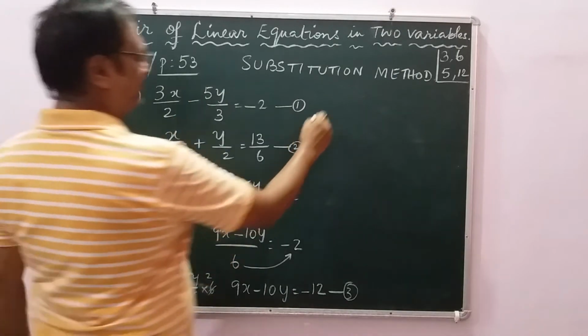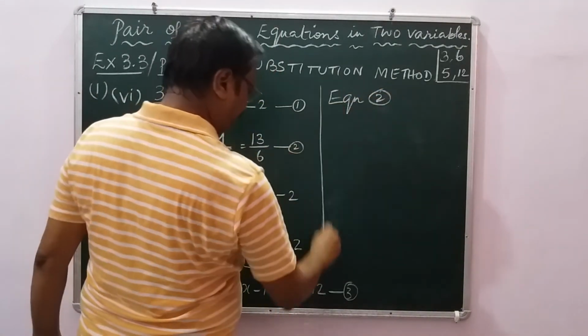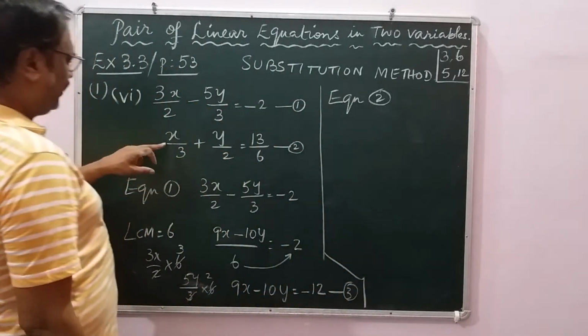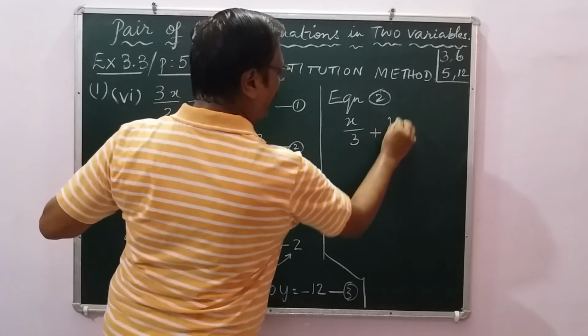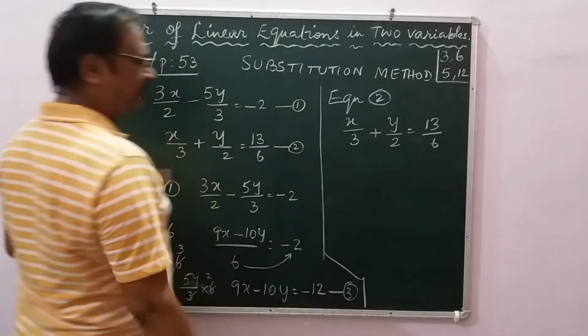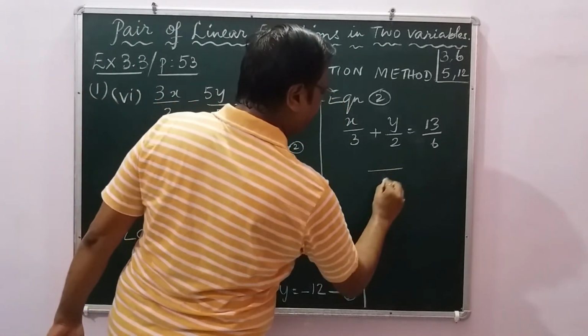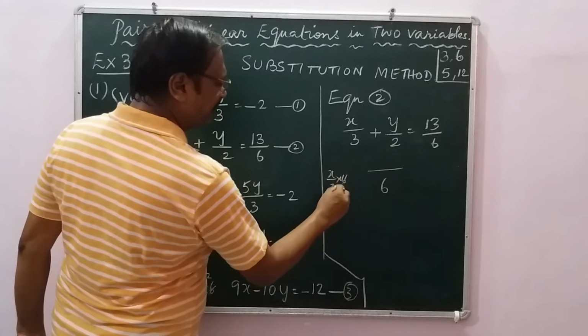Take the second equation, equation number 2. Equation number 2 is x upon 3 plus y upon 2 is equal to 13 upon 6. Again the LCM is 6. And x upon 3 multiplied by 6 is 2x.